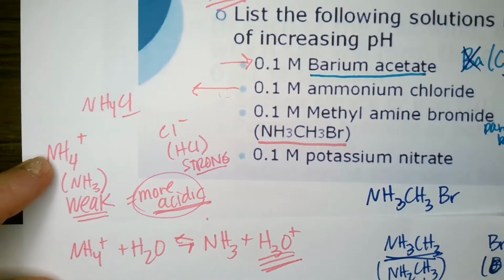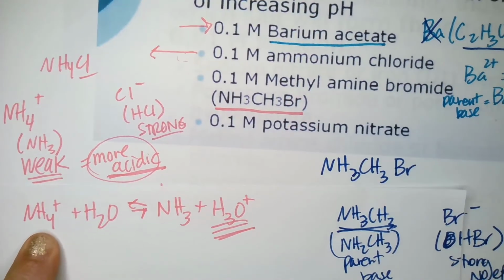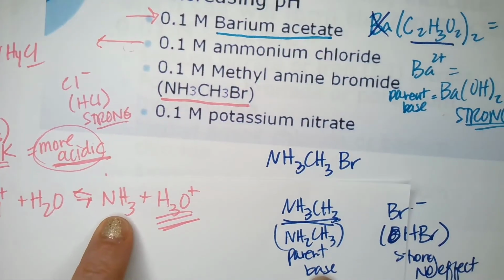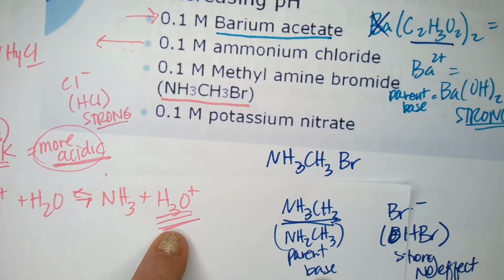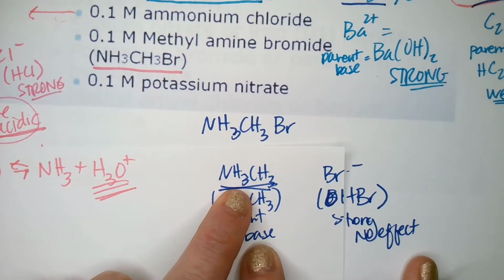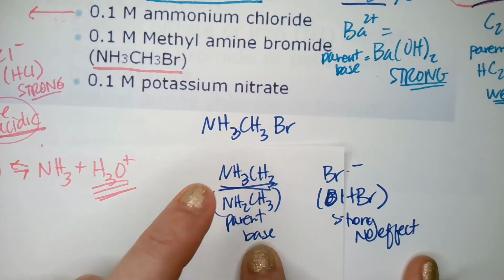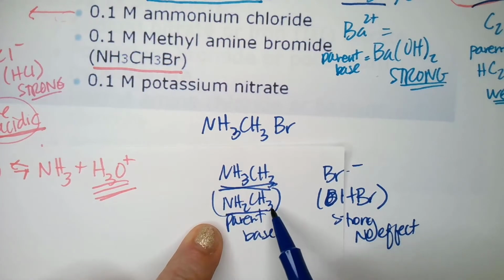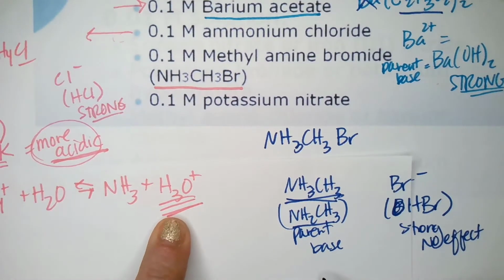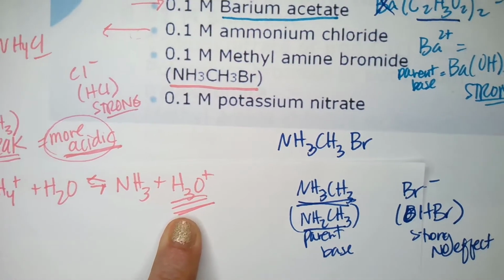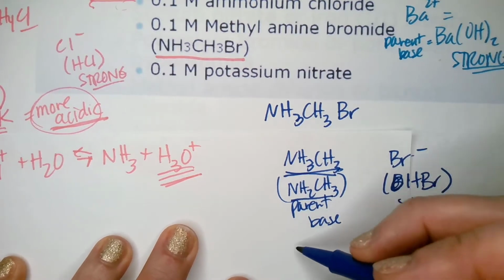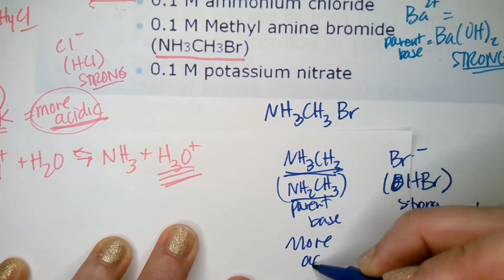Similar to this, remember when I had my NH4 added to water, we had its parent base and hydronium. So if I took NH3CH3 plus water, undergoing hydrolysis, it's going to make the parent base and hydronium ions. So this one is also going to become more acidic.